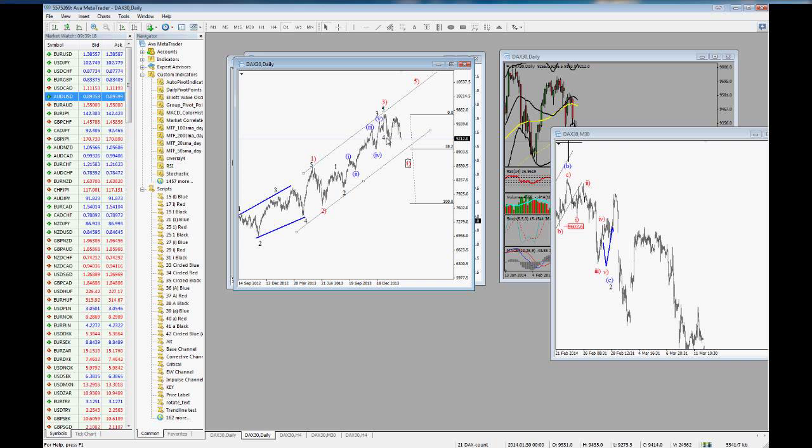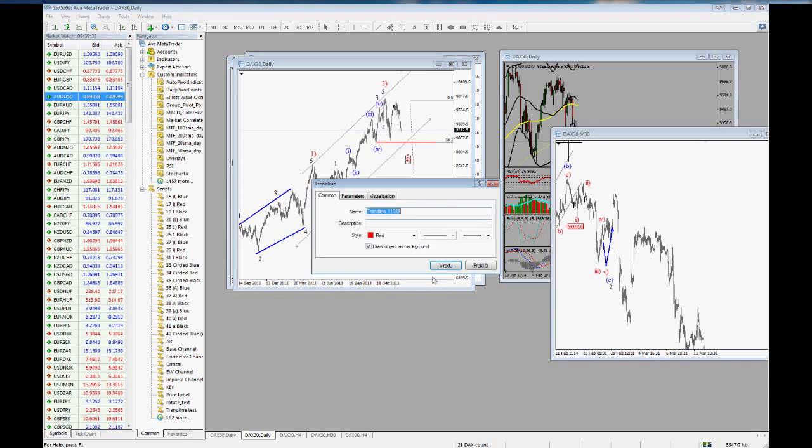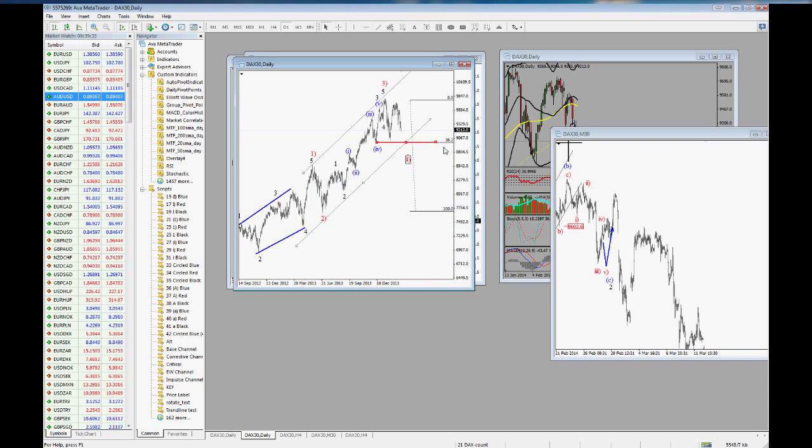So I think this can be wave A, wave B, and we'll be looking down for wave C towards 38.2%. So we could easily retest this former wave 4 level, which comes in exactly at this 38.2. So actually this is very, very nice.